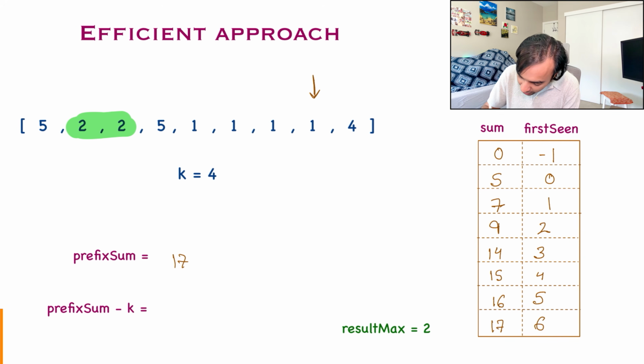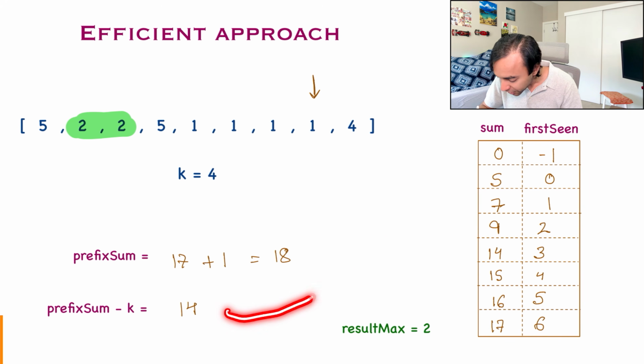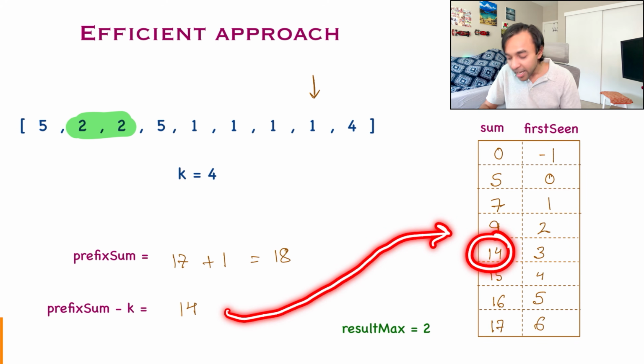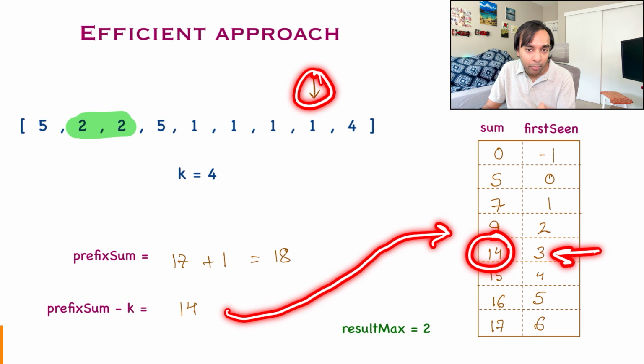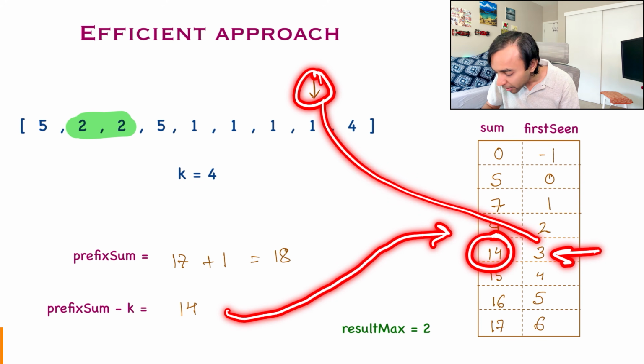I get a 1. So I do 17 plus 1 and that is an 18. 18 minus 4 is a 14. Have you seen a 14 before? Yes. It means I have found another valid subarray. And what is its length? Check this particular index and the index I'm currently at. If you subtract both of these values, you will get your new length.